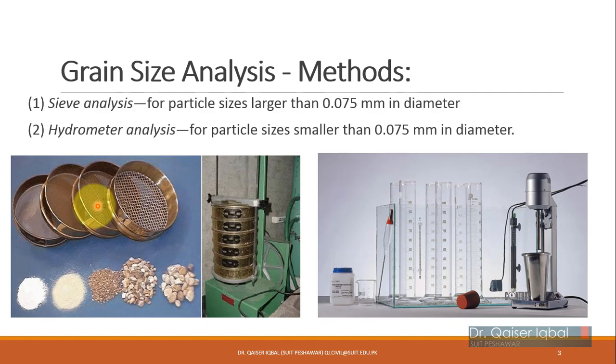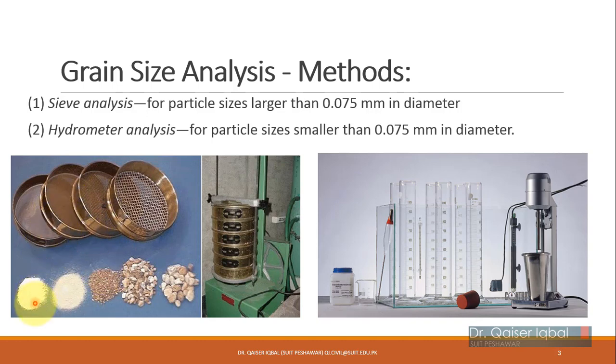So they have different openings and they are stacked together like this, and in the bottom there is a pan which does not have openings to allow the particles to pass, while in the rest there are sieves, there are openings which have specific calibrated size, so they can allow certain particle size to be retained on that, and the smaller particles are allowed to pass through that sieve.